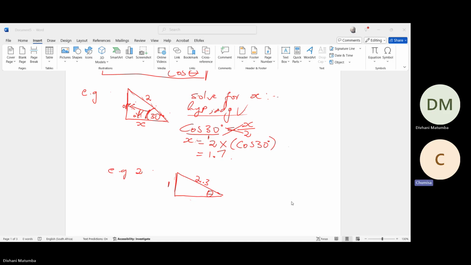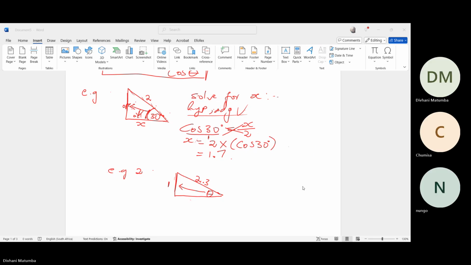I think I'm going to use sine of theta. Okay, this is what we have. We are given the opposite, and we are also given the hypotenuse.